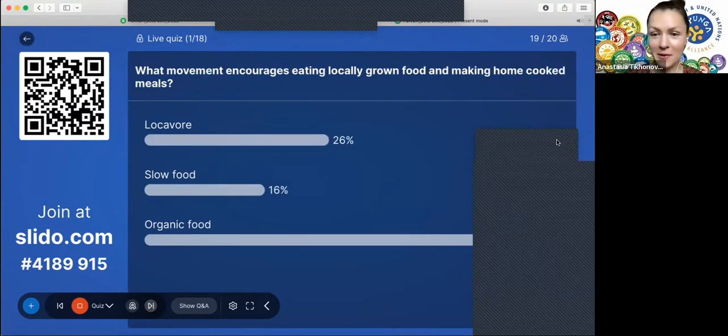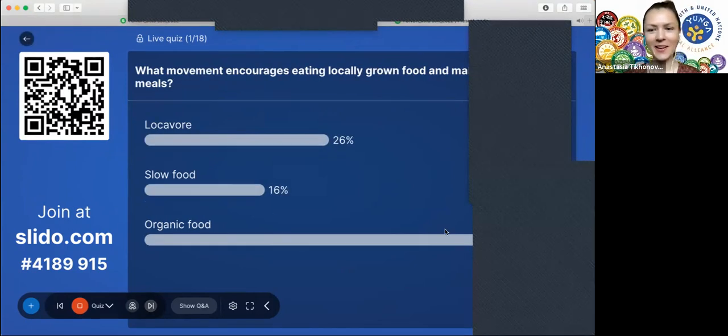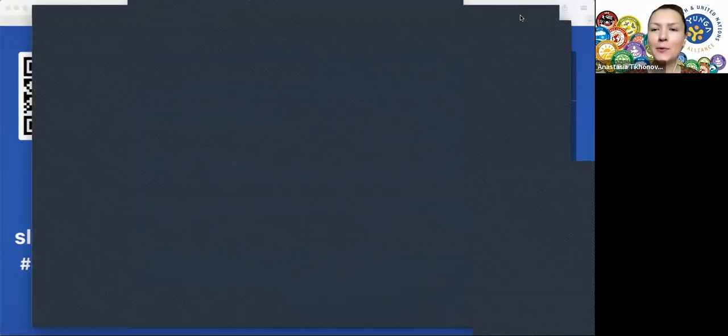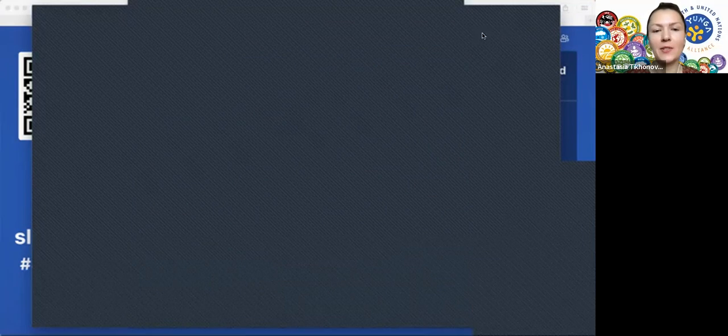Okay, first let's go into the results. It's interesting. The majority of you think it's organic food. And let us see which was actually the right answer. The right answer is slow food. So the slow food movement encourages people to know where their food comes from, including supporting local farmers and sustainable farming methods.